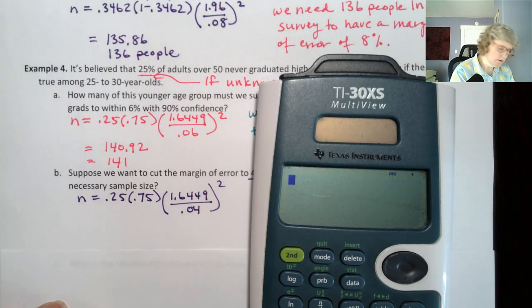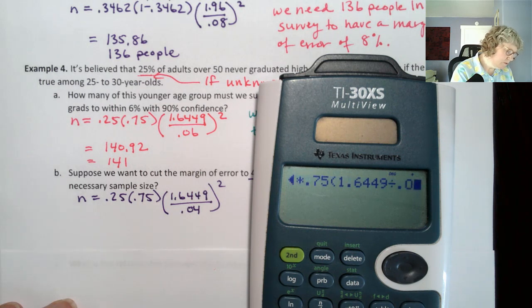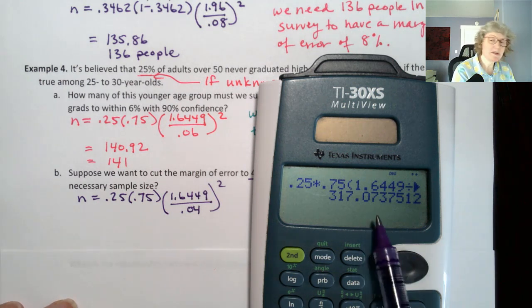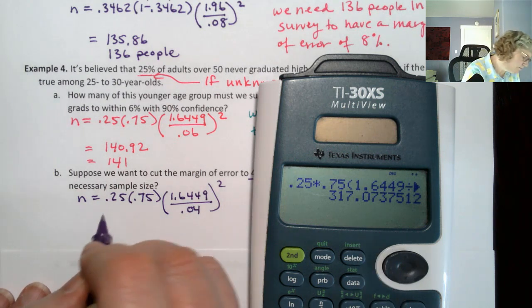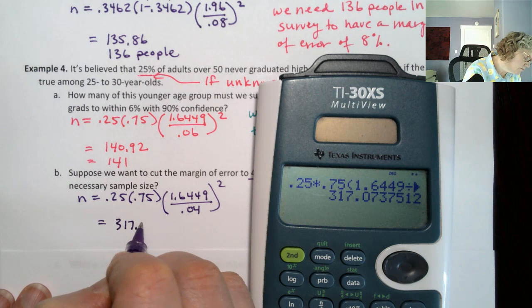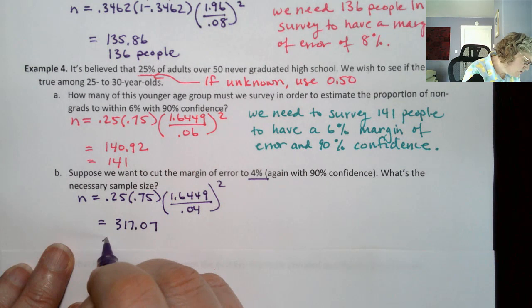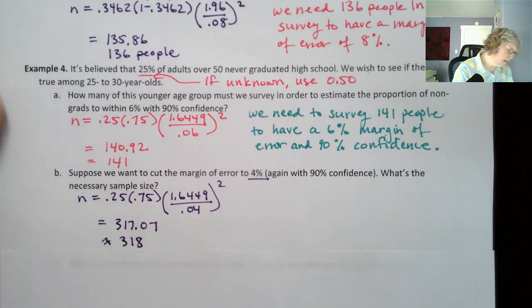Double check that. 0.25 times 0.75, parentheses, 1.6449 divided by 0.04, close parenthesis, square. 317, yeah. So over double, right? 317, sorry, 0.07, so 318. Even though it's a 0.7, we're still going to survey 318 people.